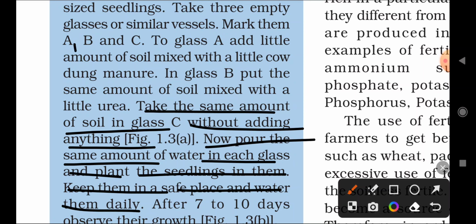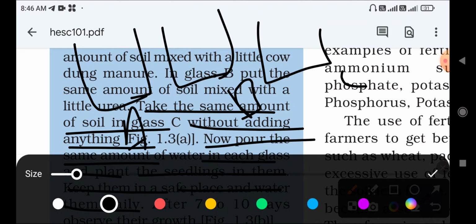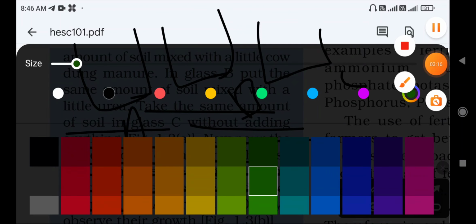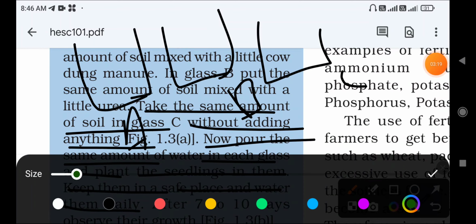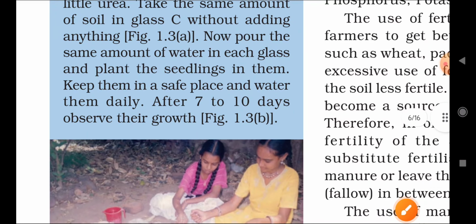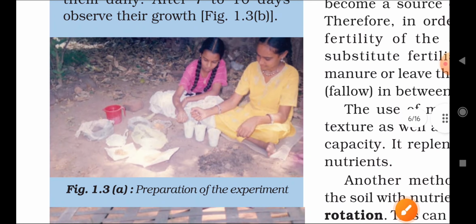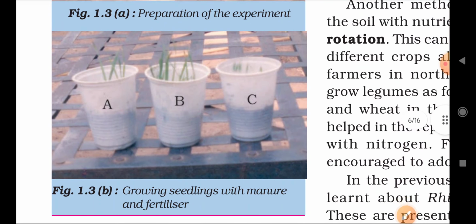Again we have taken three glasses, C, B and A. This one is soil plus cow dung, this is soil plus urea, and this is only soil plus water. After 7 or 8 or 10 days, within 1 or 2 weeks, observe which plant grows faster and which grows slower.